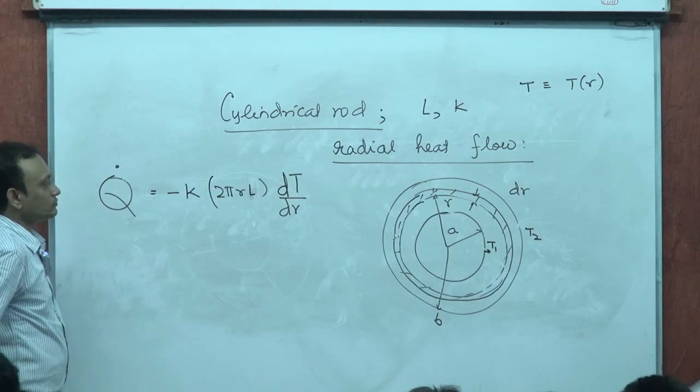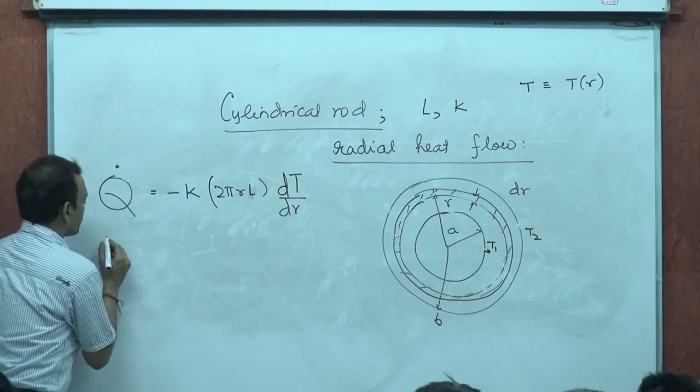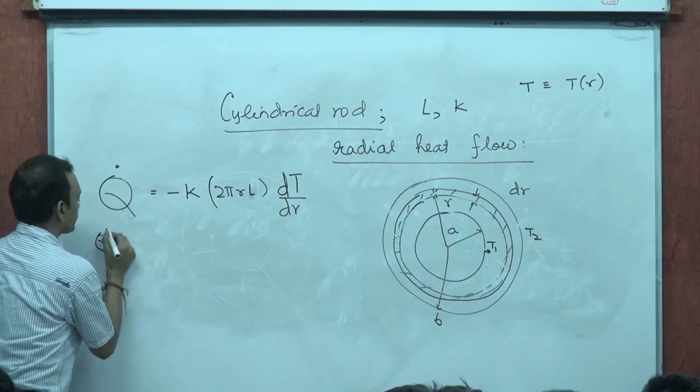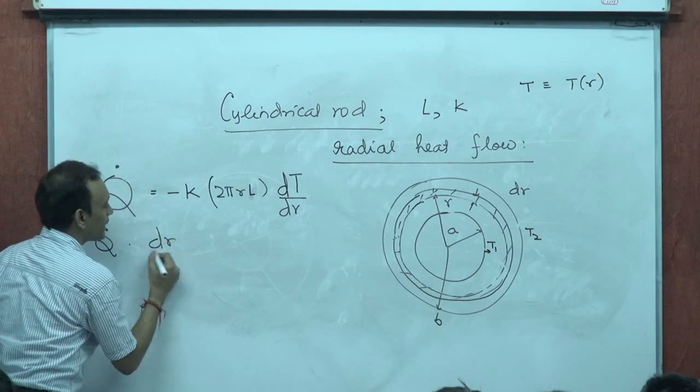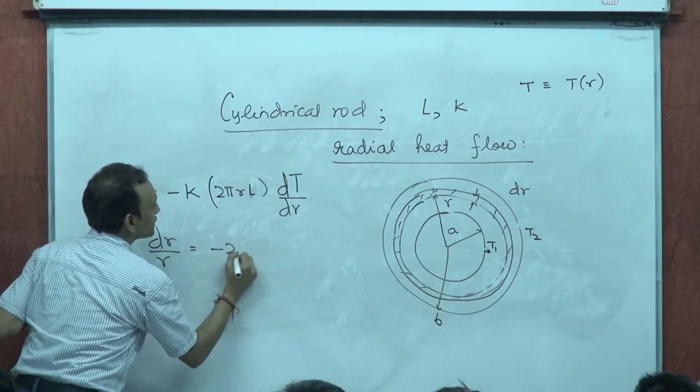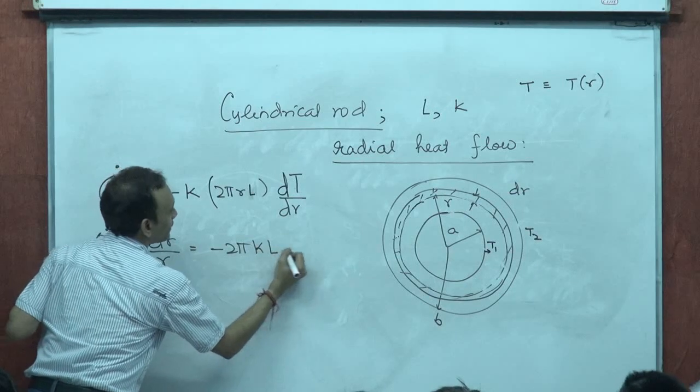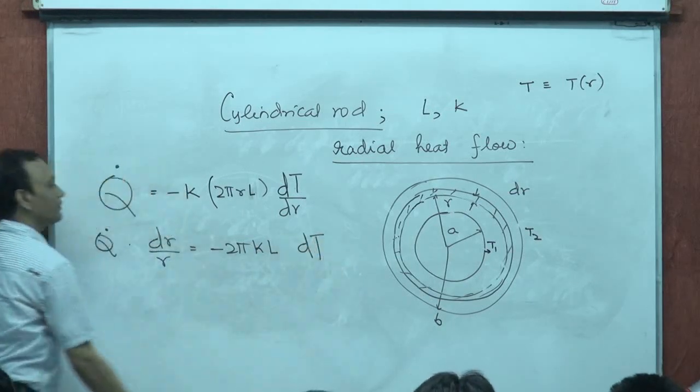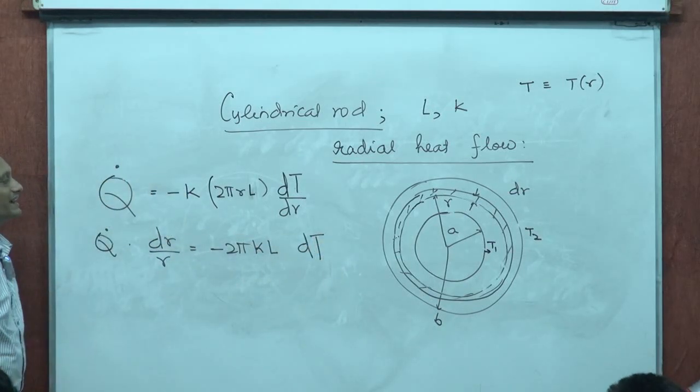Now, can I say Q dot times dr by R is minus 2 pi kl dT?